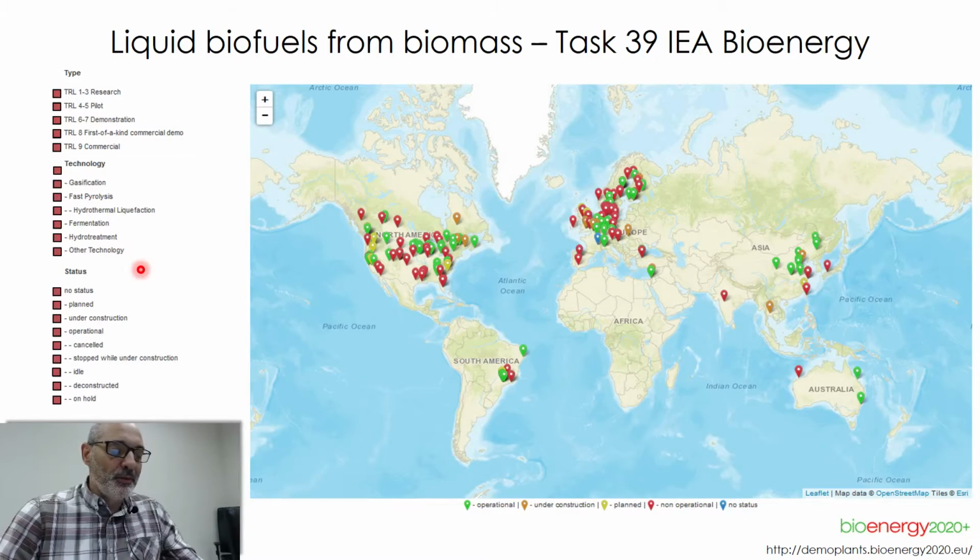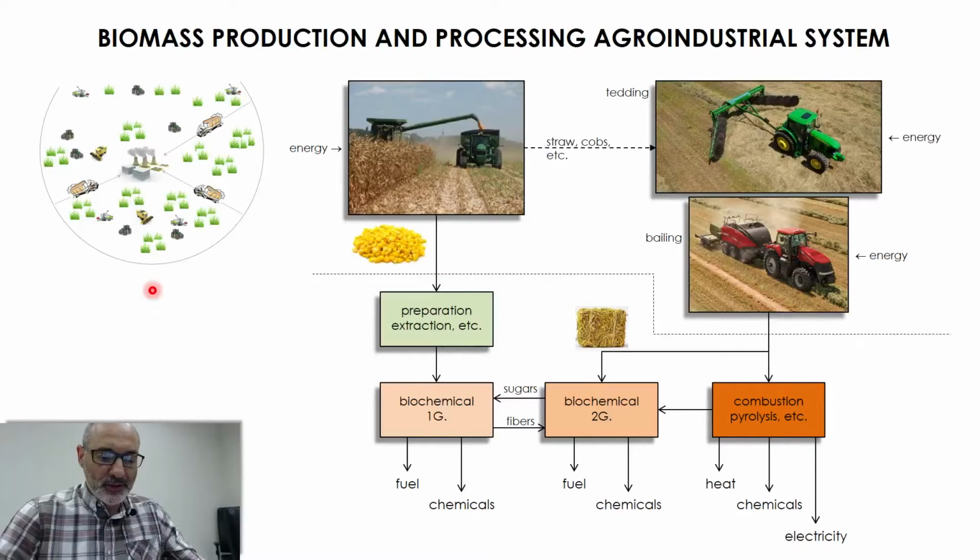They are all present, at all levels of technological maturity, and all kinds of status: planned, under construction, already in operation, and so on. So just for you to see the number of dots around the world. Actually, I said something wrong. It's not considering first generation units. So here you have second generation and thermochemical units, except first generation units.